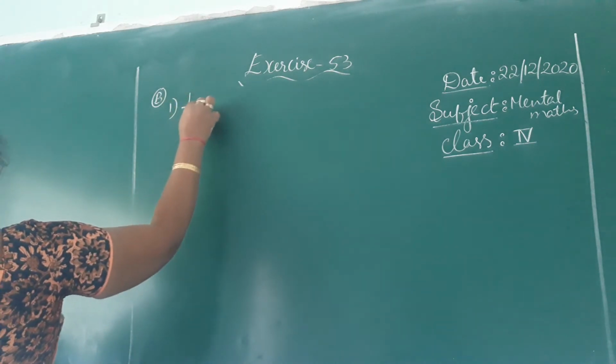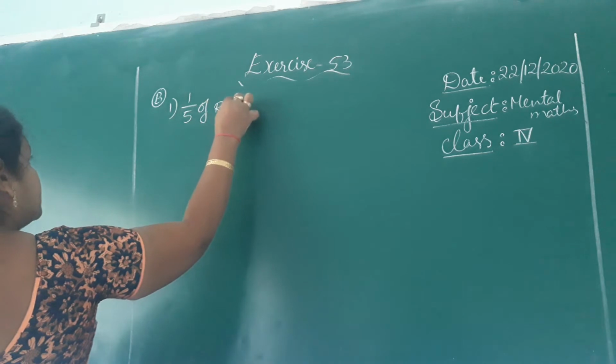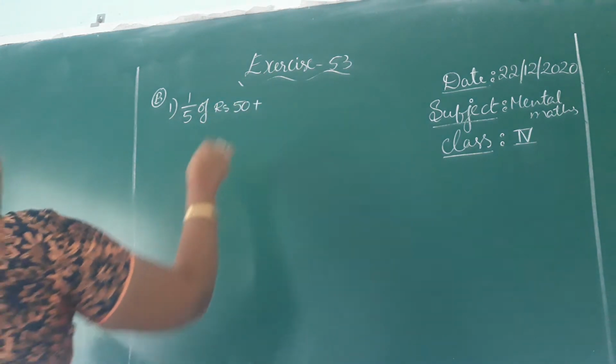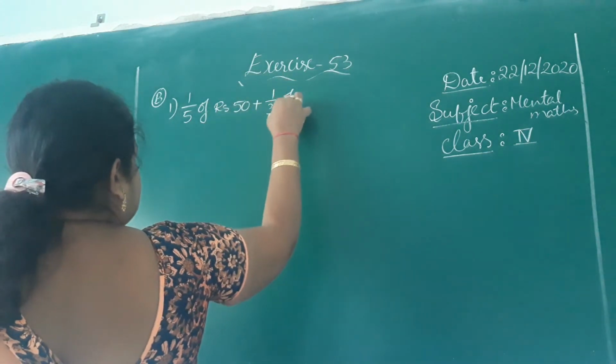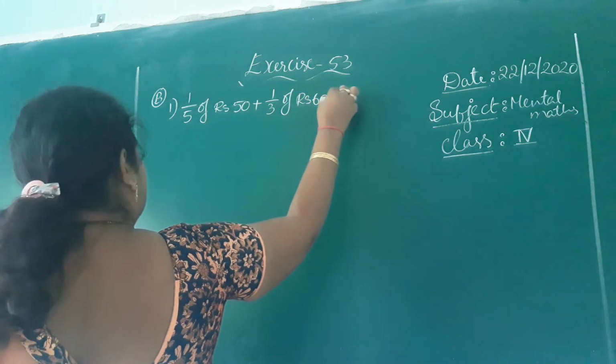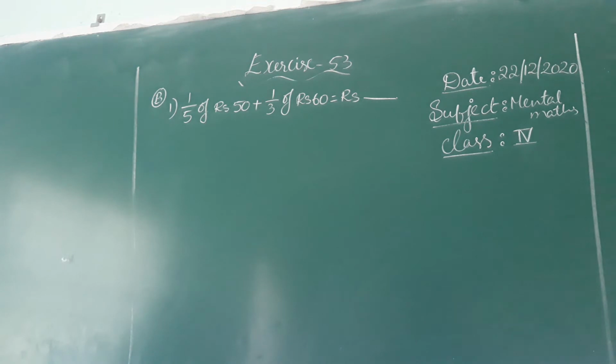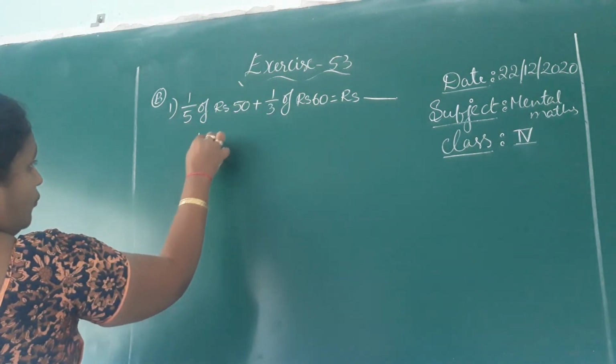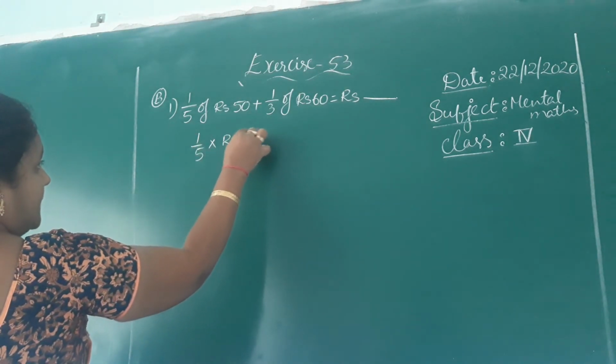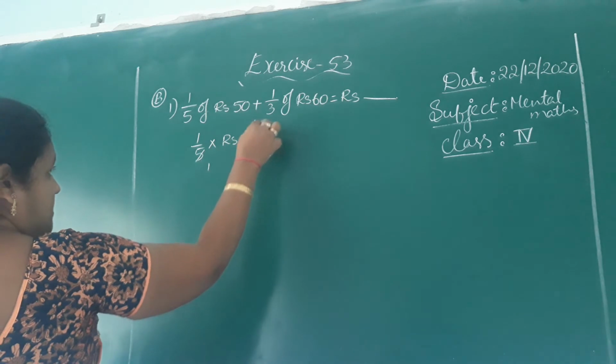1 by 5 of rupees 50 plus 1 by 3 of rupees 60 equal to how much? See here, 1 by 5 of rupees 50. 5 ones 5, 5 zeros 0.